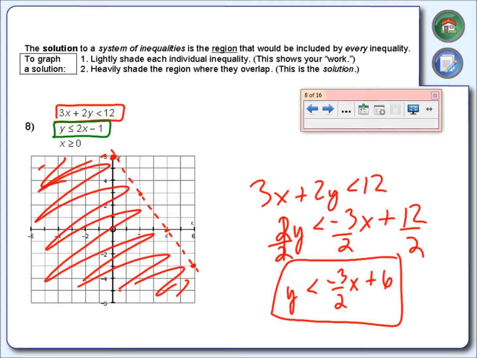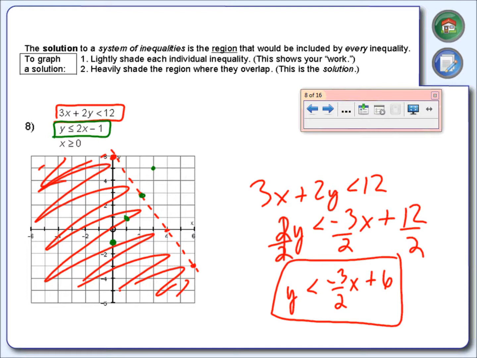The second inequality we have is y is less than or equal to 2x minus 1. So this was already in slope-intercept form, so we're ready to start graphing this. Negative 1, that's our y-intercept. 2, that's our slope. So we're going to rise 2, run 1, up 2, over 1, up 2, over 1.